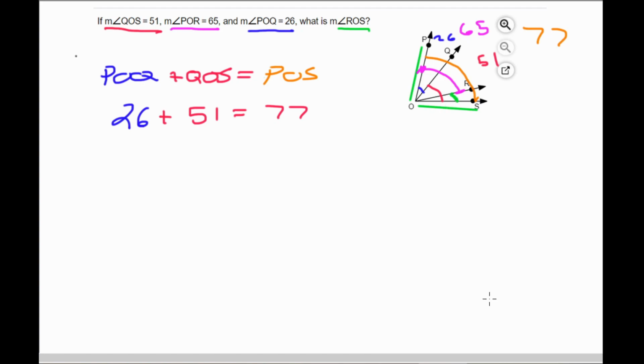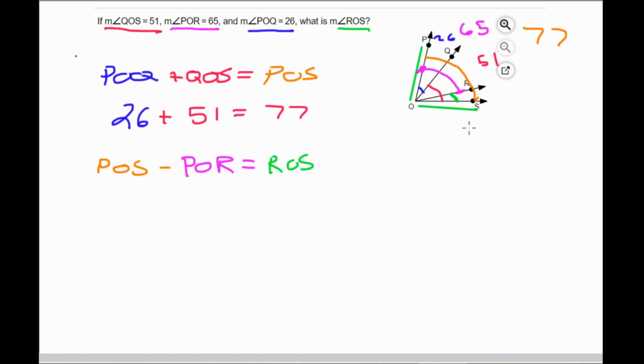So let's try that. So I'm going to do POS minus my purple line, which was POR, and that will equal ROS. And that's what we're looking for.